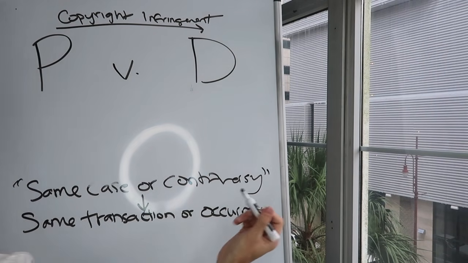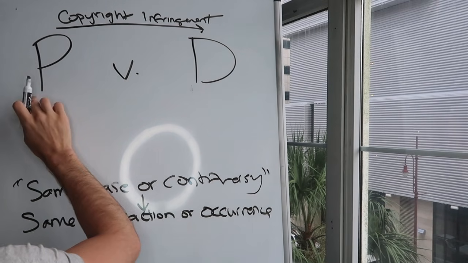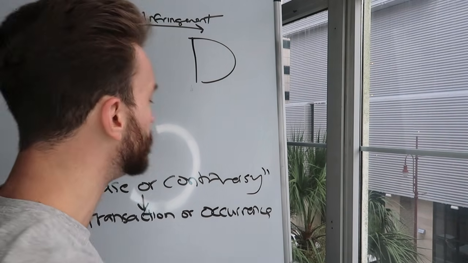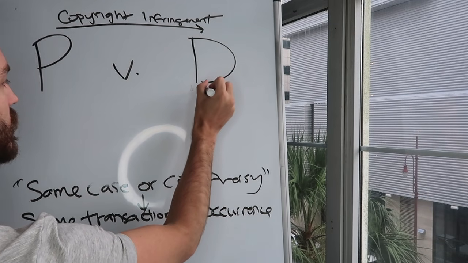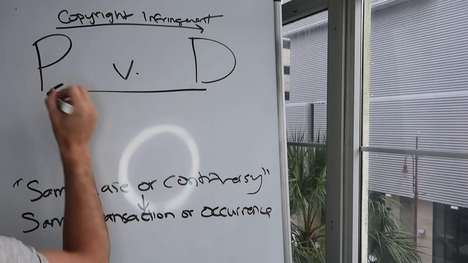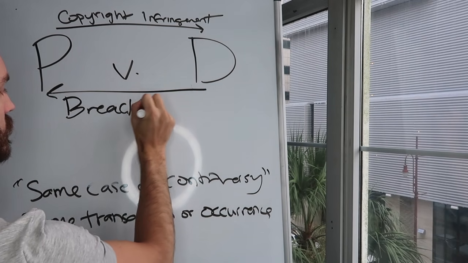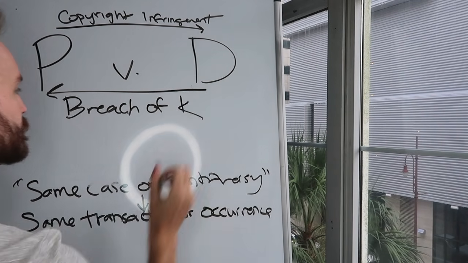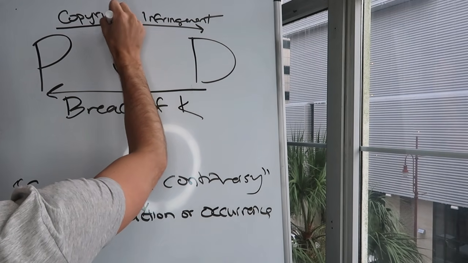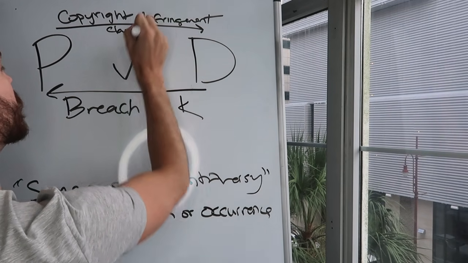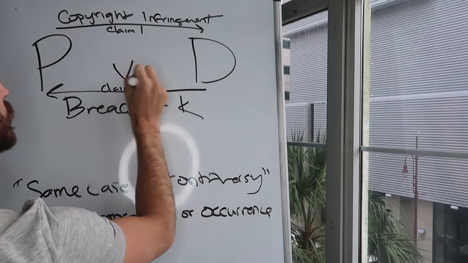Same thing. And let's say that now, rather than bringing a second claim, the defendant is countersuing. The defendant countersues for breach of contract. Okay, let's call this claim 1, claim 2.